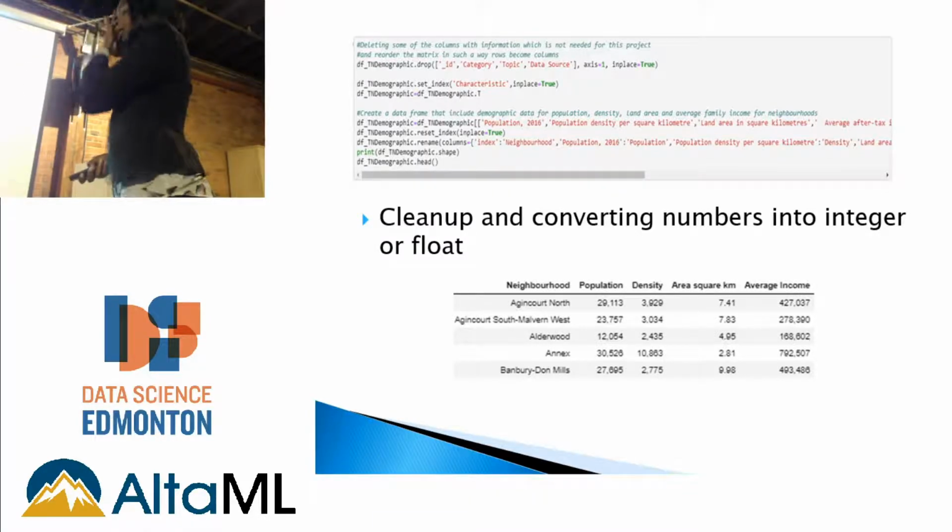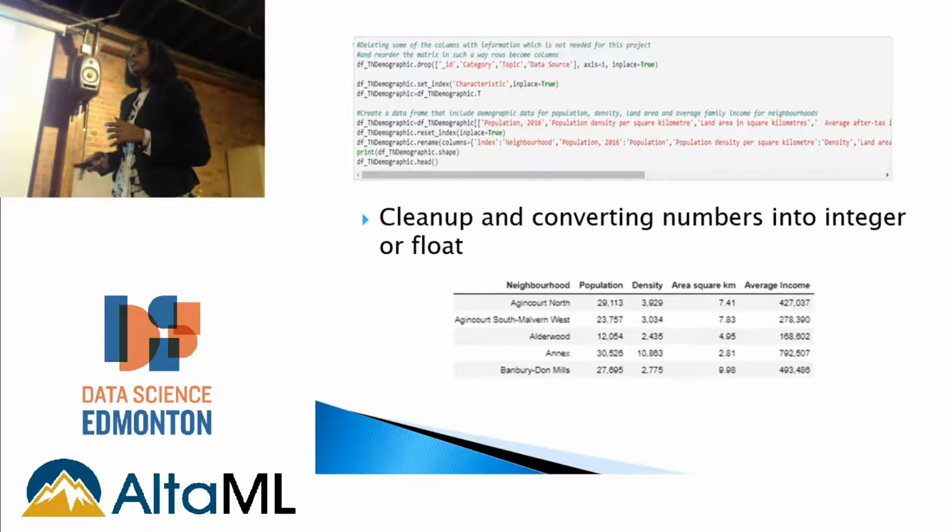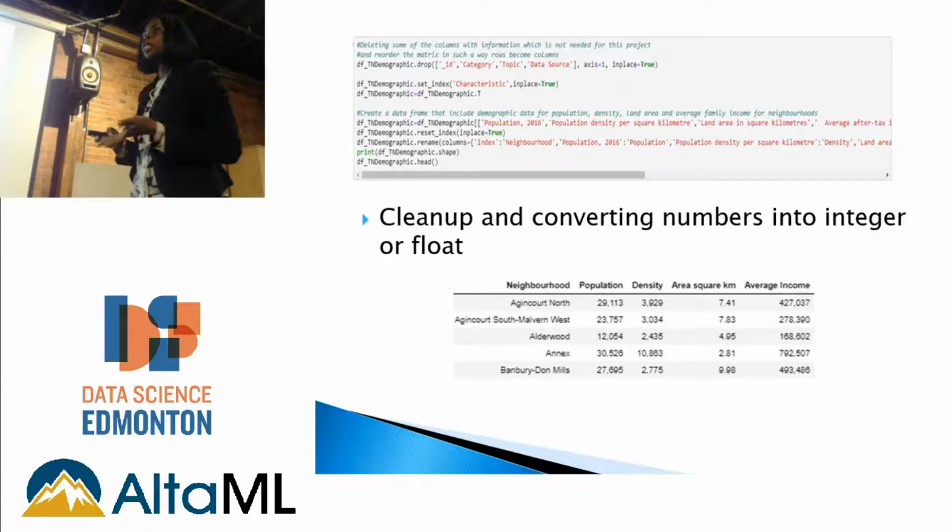After that, a check was done to see if the variables had the right data types, and it was found that they didn't. Then they were converted into float and integer as fit. For example, population was converted into integer, while land area was converted into float.